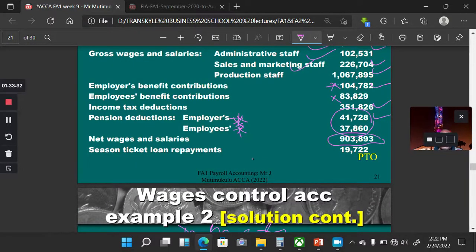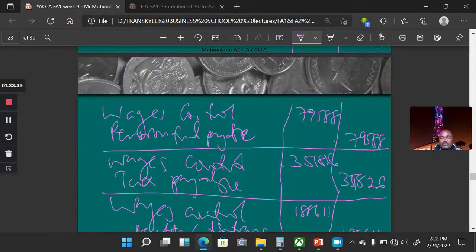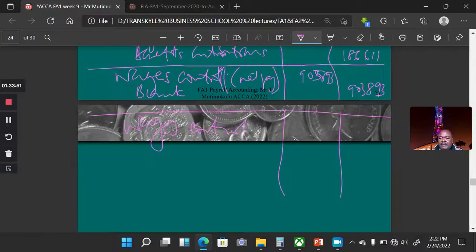These are just employee benefits. Season ticket loan repayments, $19,722.